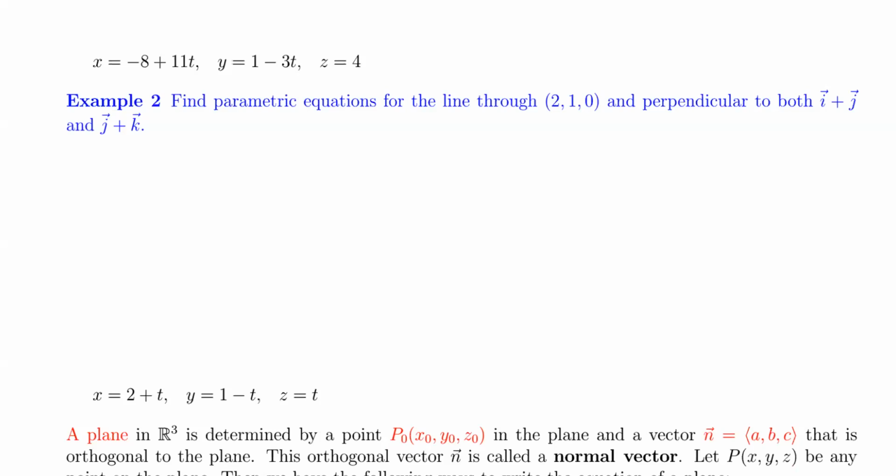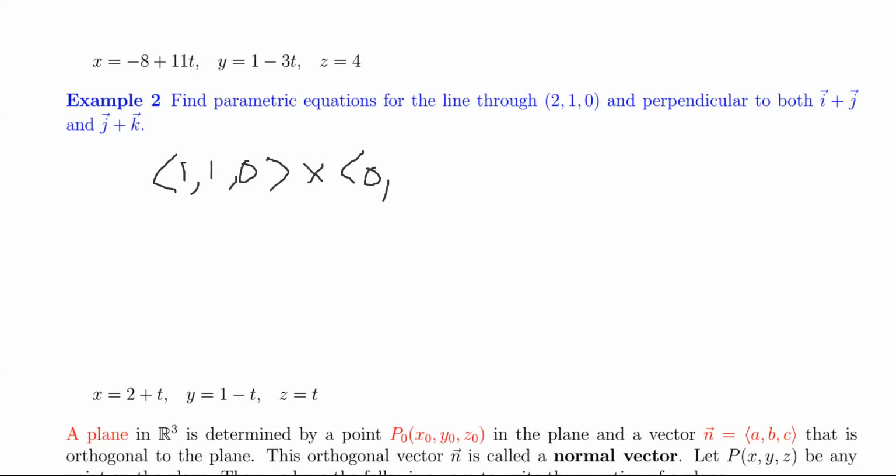Okay, so if we have 2 vectors, i plus j and j plus k, we want to find a line that is perpendicular to both of those vectors. Well, a vector that is perpendicular to both of those, if we recall, is the cross product of those two. So let's take the cross product of (1, 1, 0) and (0, 1, 1).